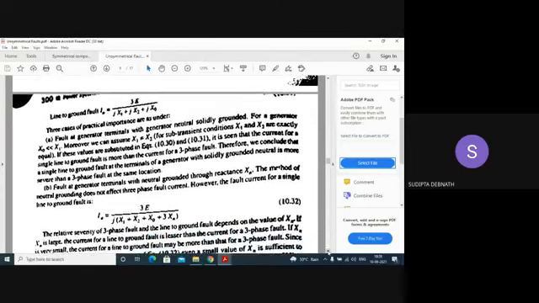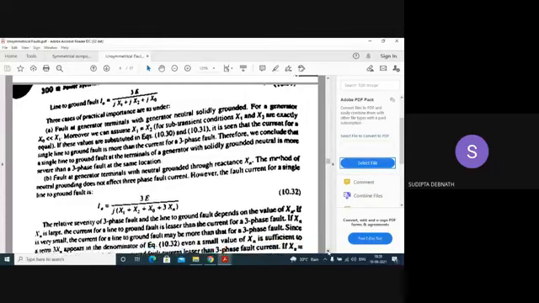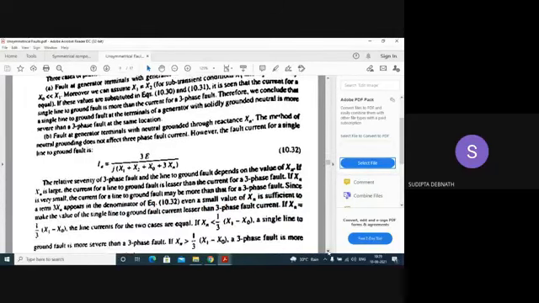So we have to find out the neutral impedance when these two currents will be the same. When XN equals 1/3 (X1 minus X0), the 3 will cancel, and X1 minus X0 will cancel. We have not neglected X0 here; X0 cancels, only X1 is remaining.